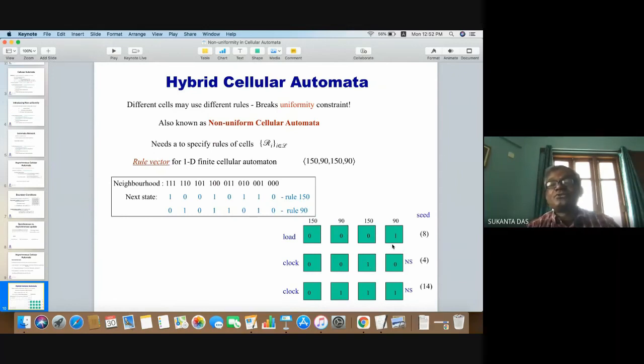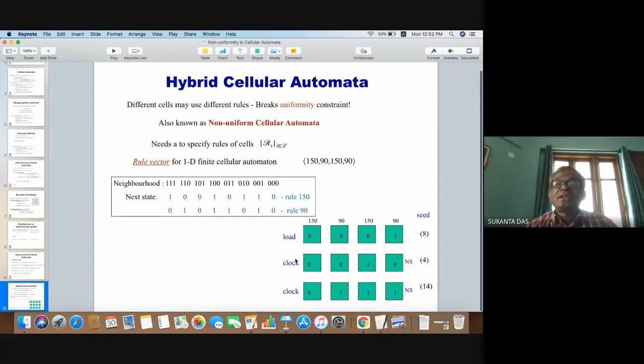For the fourth cell, 0, 1, 0, it is rule 90. 0, 1, 0, rule 90.